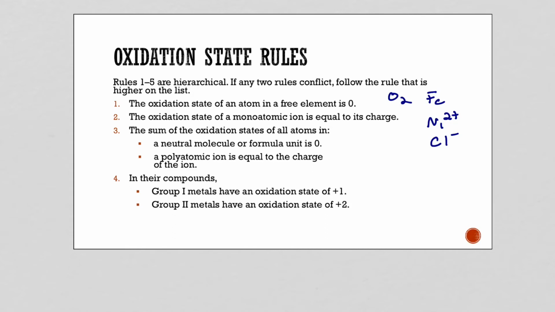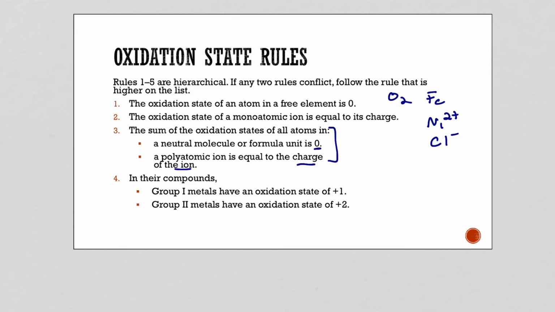Now, 3 is probably one of the most important rules, in that for a neutral molecule, the sum of all the oxidation states of its atoms must add up to 0. For a polyatomic ion, the sum of all the oxidation states for all the atoms in that ion must add up to the charge.